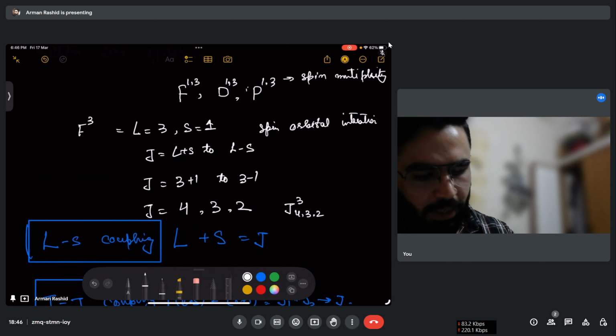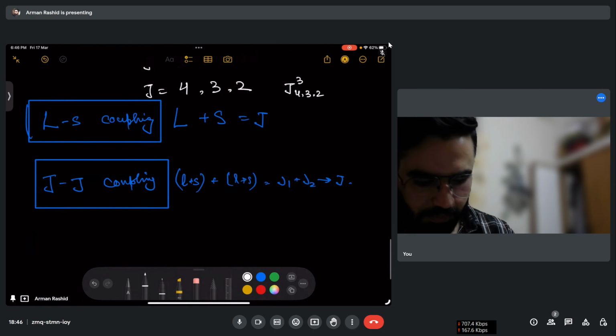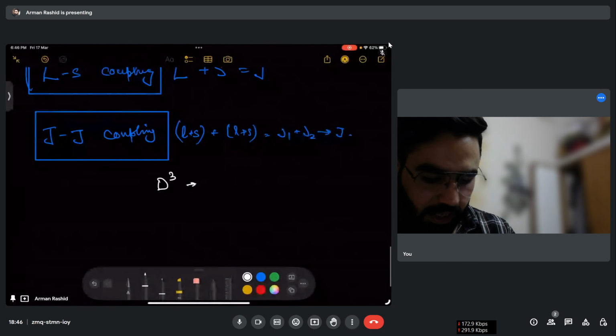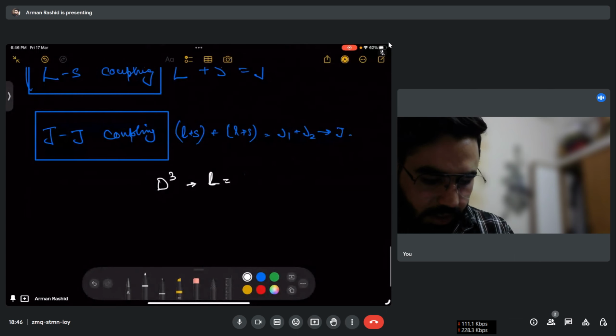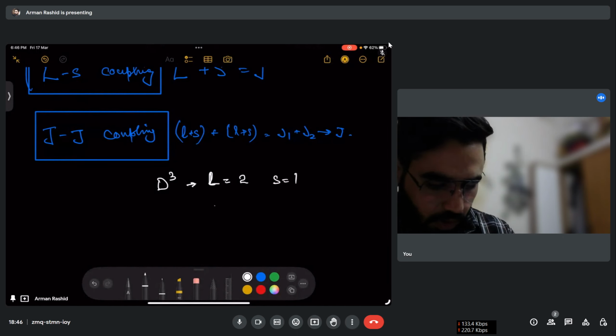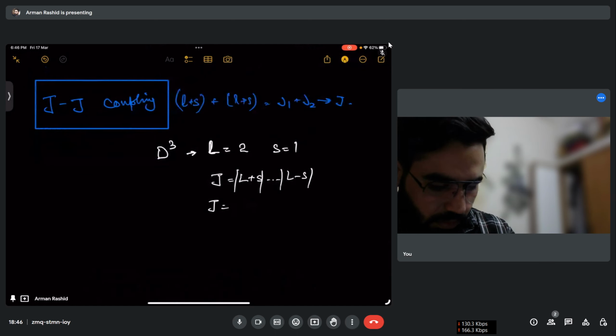Now we'll consider the second case, D3. Here total L is 2 (S, P, D) and S is 1, so J will be from L plus S to L minus S. That means J is from 2 plus 1 to 2 minus 1, that means 3, 2, 1.